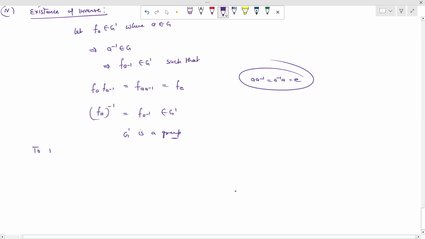So the final part is to prove that G is isomorphic to G dash.